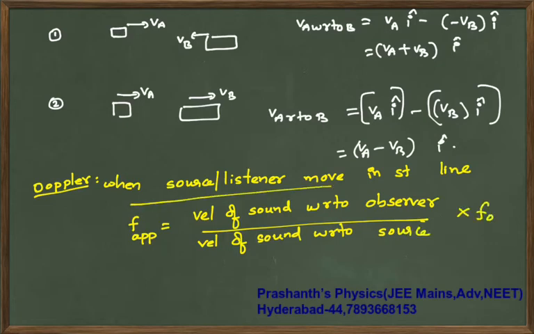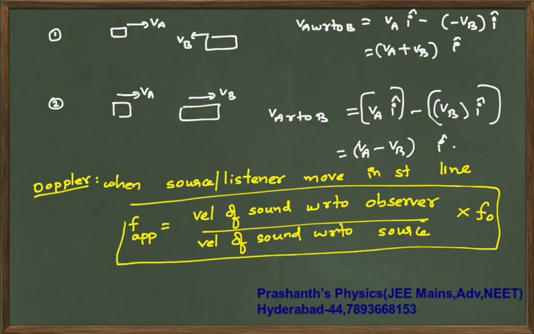Relative to and with respect to mean the same. Very simple. So here we are considering relative velocity: for the same direction you have to keep minus, for the opposite direction you have to keep plus.